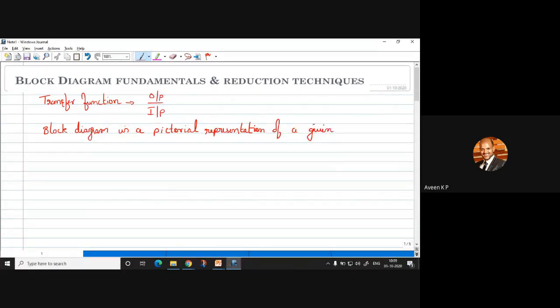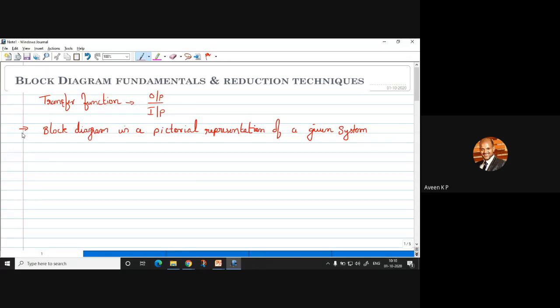We call that a block diagram. Any system, if you represent it in terms of blocks, summing point, takeoff point, these are all the terminology that will come. We call it a block diagram.